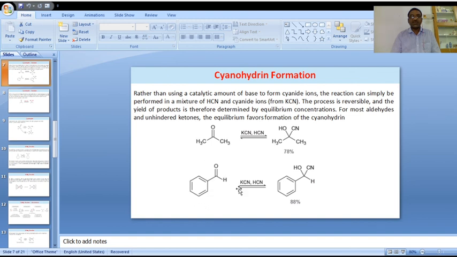Benzaldehyde, here we are using benzaldehyde on reaction with potassium cyanide and HCl.